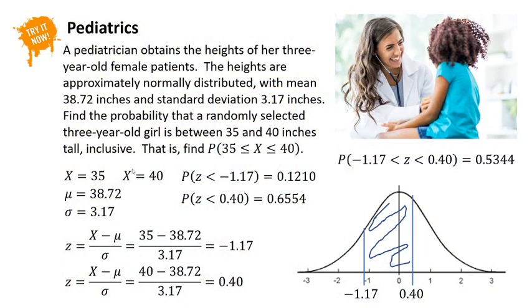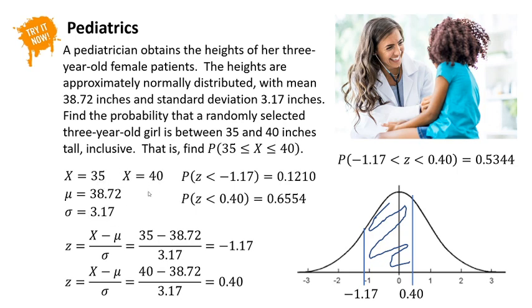Welcome back. Well, this is another problem in which we are looking at the heights of these 3-year-old girls, and as it turns out, we have now two thresholds that we're working with. It probably would have been a good idea for me to put x1 and x2 here so that we could label these as z1 and z2. That would be this threshold and this threshold here. So in a distribution that has a mean of 38.72 and a standard deviation of 3.17, where do these data lie here?